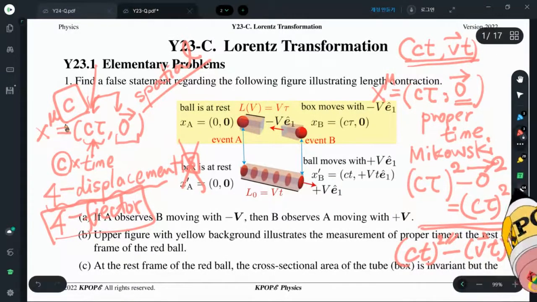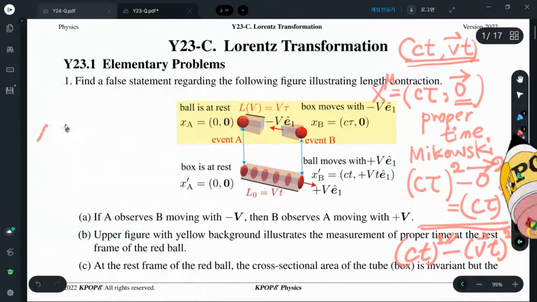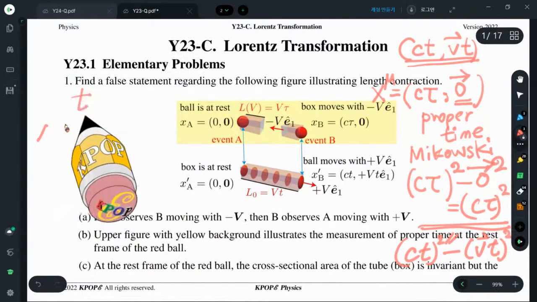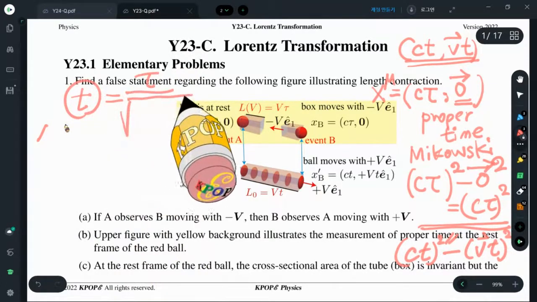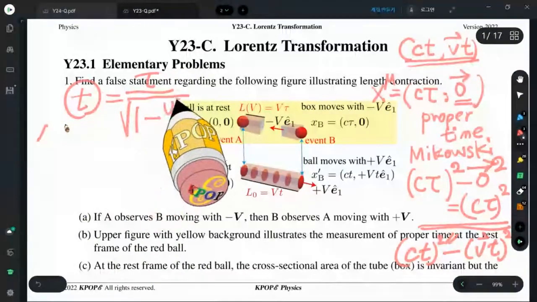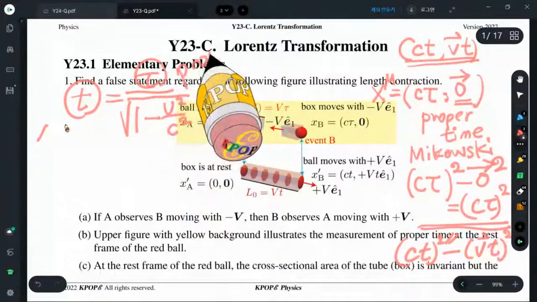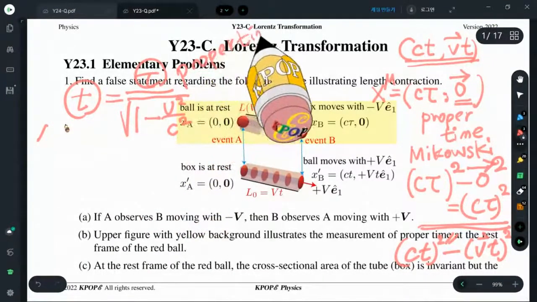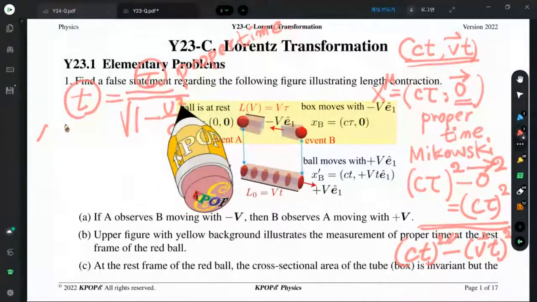As a result, we found that the time in general is proper time that is measured when v equals 0.